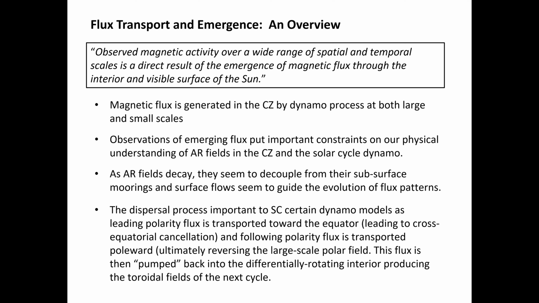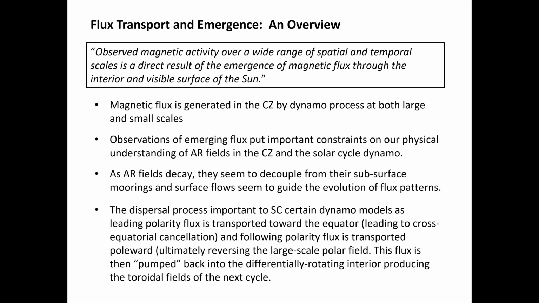In particular, this dispersal process is important, such that, for example, after a flux emerges and decays, on average the leading polarity flux is transported towards the equator, leading to cross-equatorial cancellation, and the following polarity fluxes are transported poleward. That flux basically reverses the large-scale polar field.